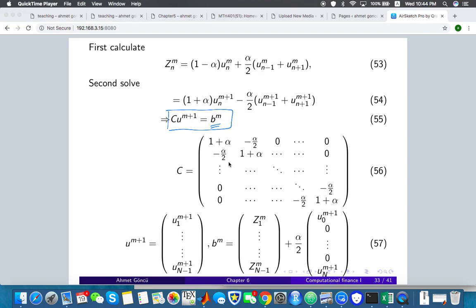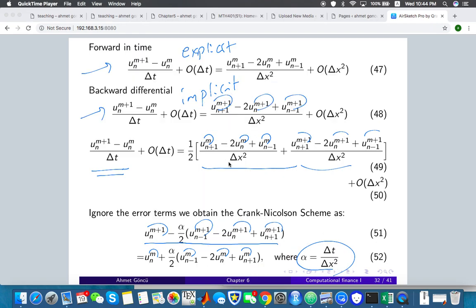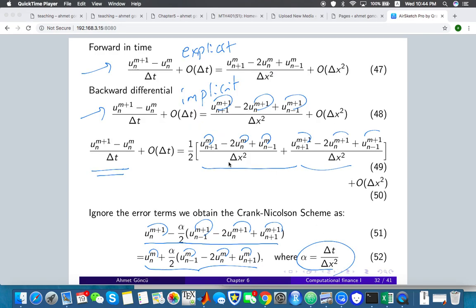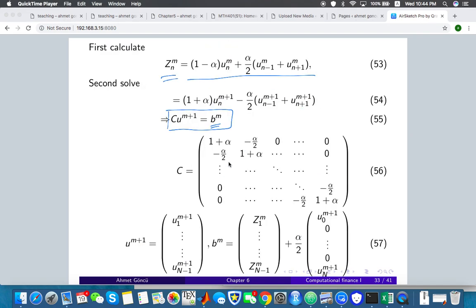Okay, so the elements of this b are actually z, and this is how we get the elements of z. So you can look at these elements of z written here, and compare directly. The only thing is we combine this term and this term here. So this is together our right hand side, basically.